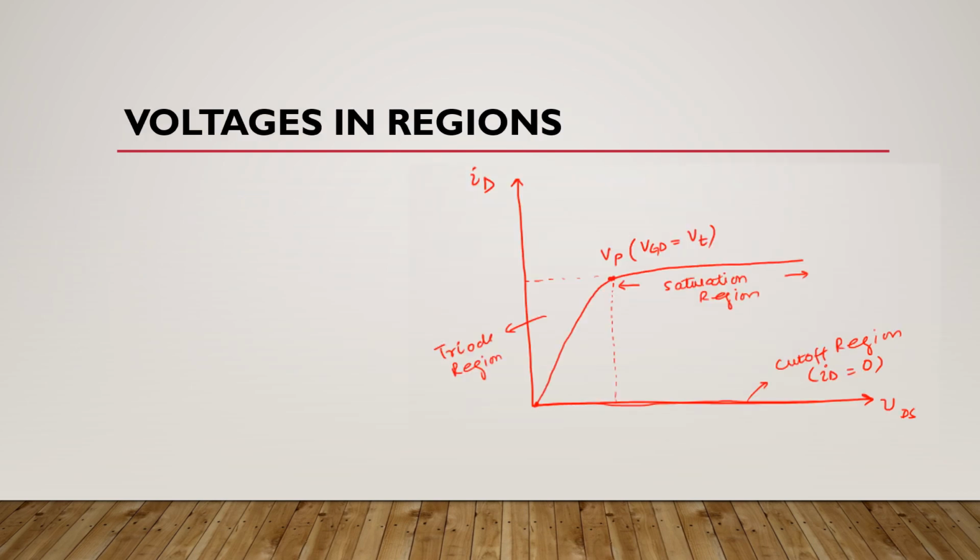Now we will understand voltages in regions. First we'll talk about the cutoff region. In cutoff region, threshold voltage is greater than gate to source voltage.